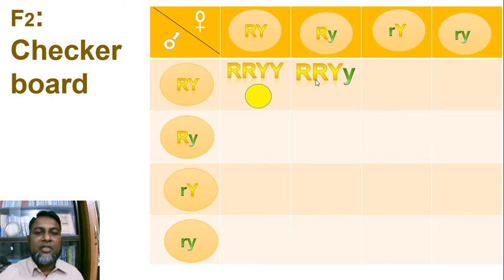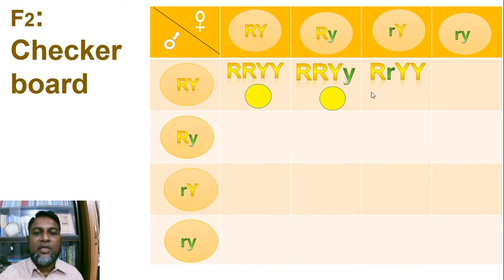In the next box we get capital R, capital R, capital Y, small y, and the seeds are round and yellow.